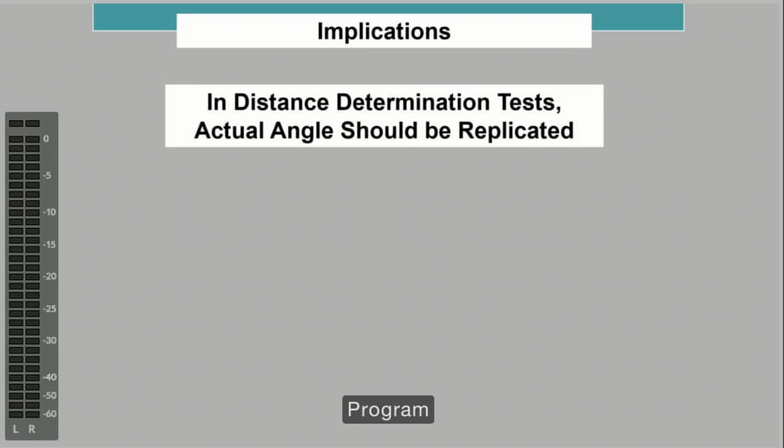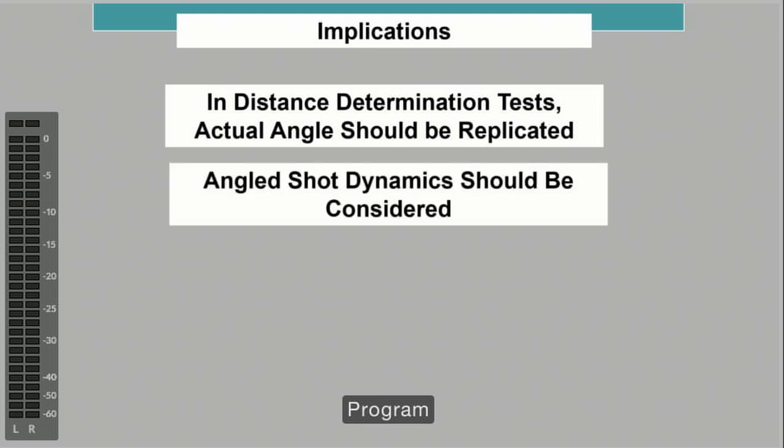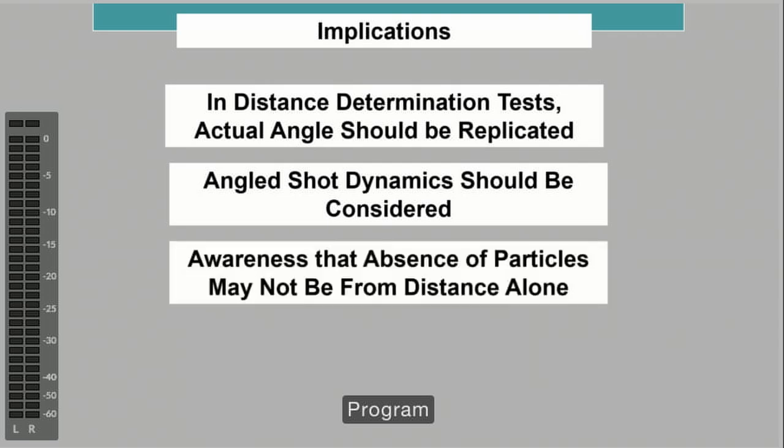I also think it's important, when possible, since the standard is to use a cotton twill fabric, that fabric may not retain GSR as well as whatever the actual garment was, or the wall, or whatever the other substance was. So actual shot dynamics should be considered, with an awareness that the absence of particles may not be from the distance alone.